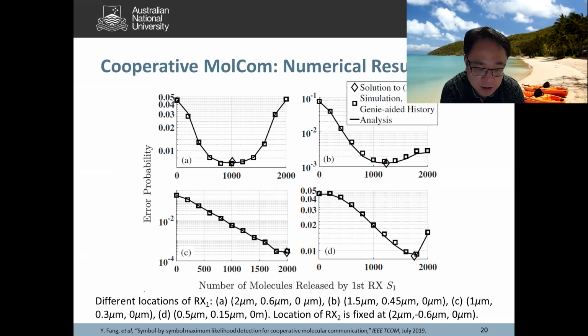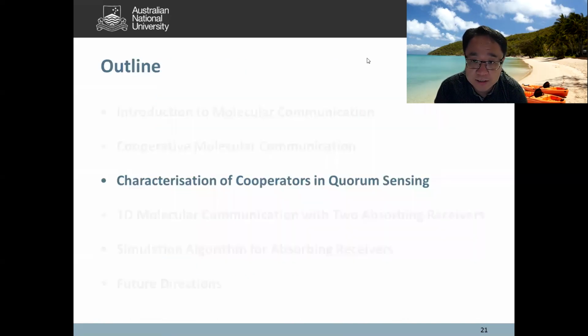And in the second work, we consider different transmission strategies in the second phase of the communication, and we explore the benefits brought by the maximum likelihood detection in molecular communication in terms of reliability improvement. These two works have formed the basis of exploring the fundamental principles of cooperative molecular communications. So here is the brief summary of these two works.